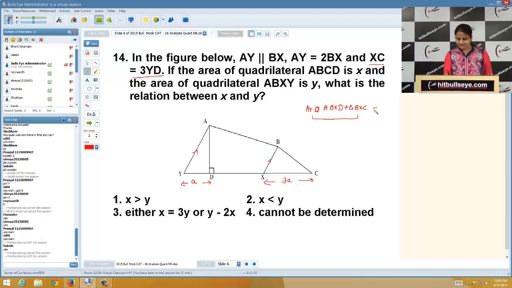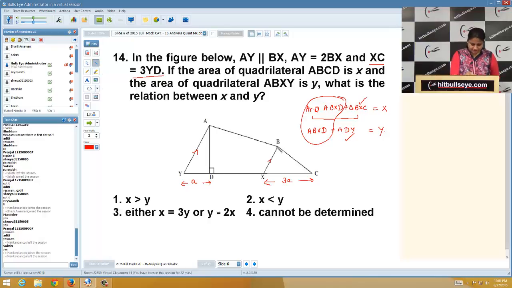Now this is given as X, and area of quadrilateral ABXY, again that can be broken into two parts, ABXD plus ADY. That is given as Y. Now we want to comment upon X and Y, which is the greater one. Can you say these two areas are equal? So we will just compare the area of triangle BXC and triangle ADY.